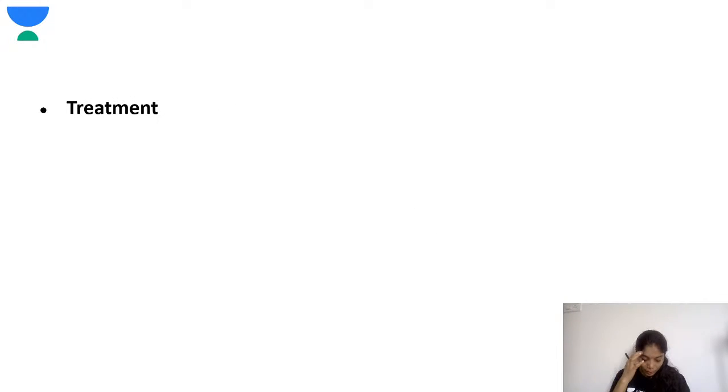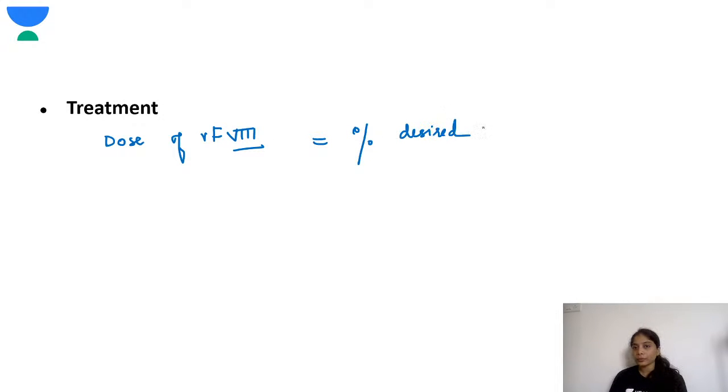So now coming to the treatment. What is the treatment? Basically, treatment is replacement of the factor, right? So you have to use a formula for how much you transfuse. The dose of recombinant factor 8 is equal to the percentage of desired activity of the factor into body weight into 0.5.